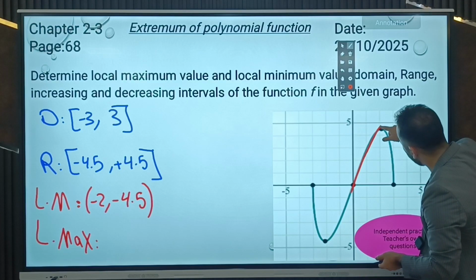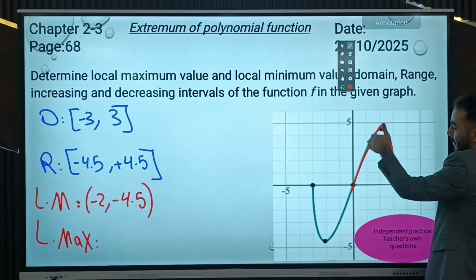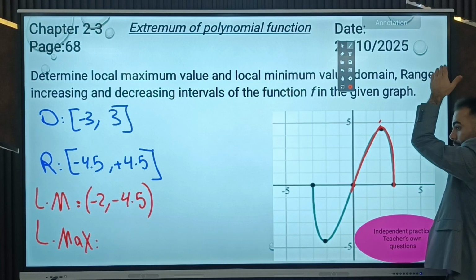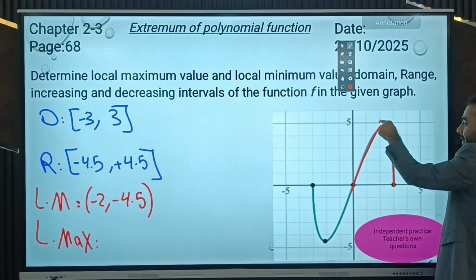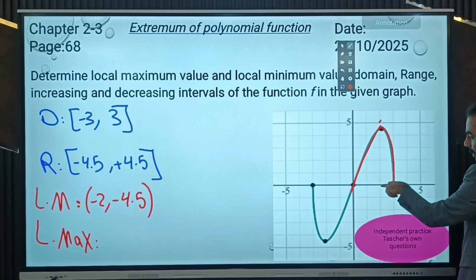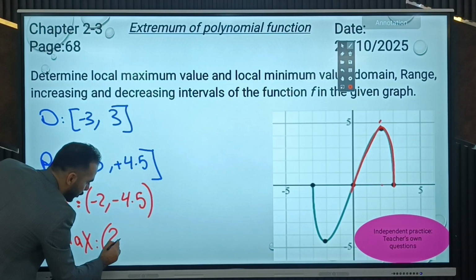From that point, when we move from left to right, it's like moving upward. Then in that point, it changes direction to downward. So in that point, which is 2 and positive 4.5, we have got the local maximum point.